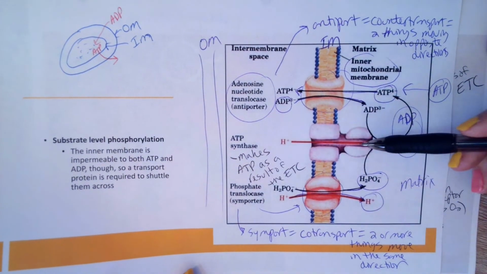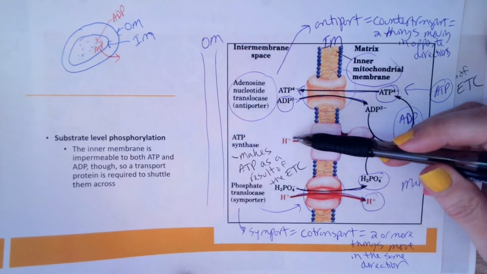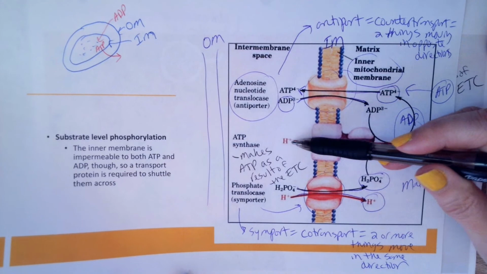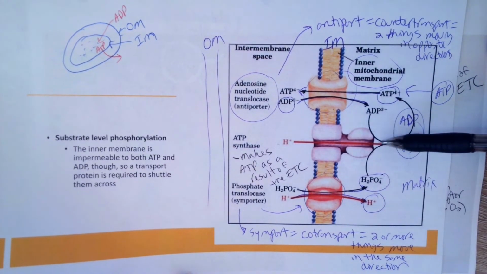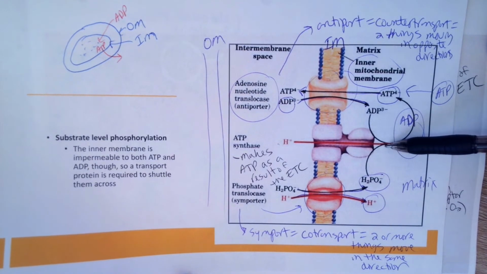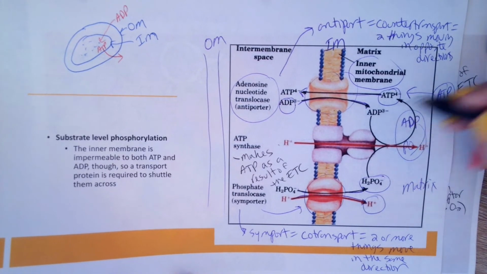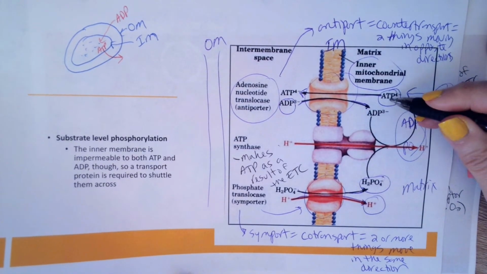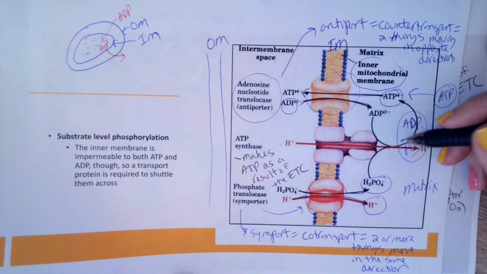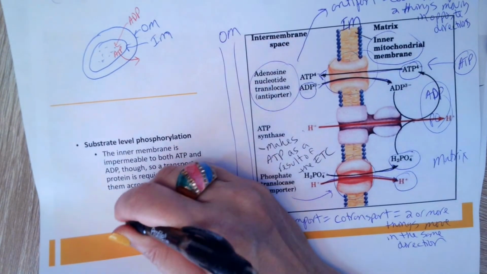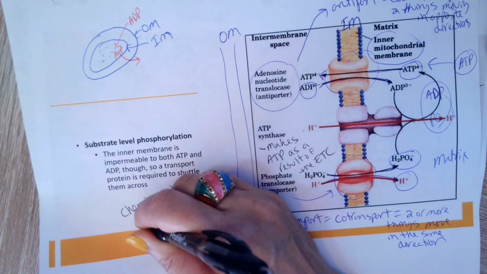Before we get into the details of that, just notice that in this protein we have hydrogen moving from the intermembrane space into the matrix. So the hydrogen is moving through that, and then almost like magic, we have ADP turning into ATP. It's not magic. It's something called chemiosmotic phosphorylation.